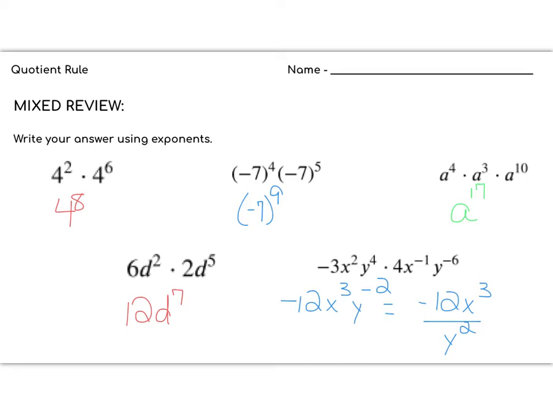So that would be x to the first power, so just x, and then y to the 4th times y to the -6 would be y to the -2. Remember that negative exponent needs to go to the denominator because it is negative, and it would become y squared. So my final answer is -12x over y squared.